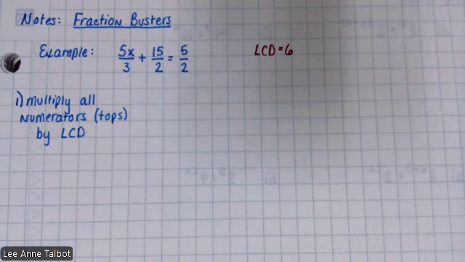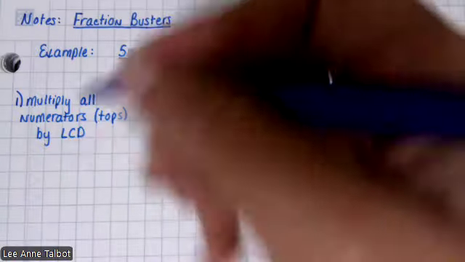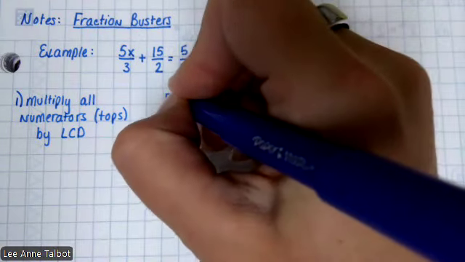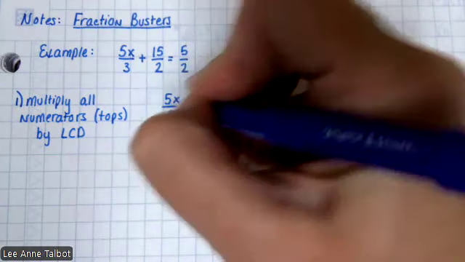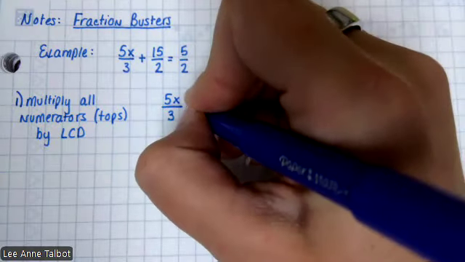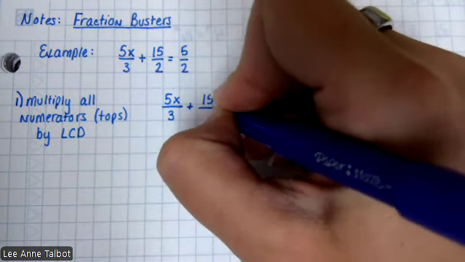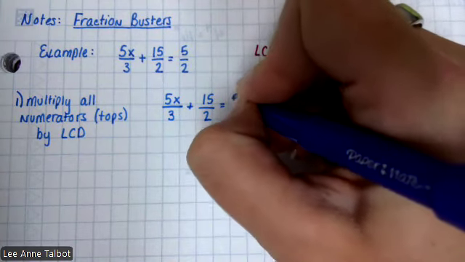Okay. First, think of the least common denominator and then multiply all of the numerators, the tops, by the least common denominator. I'm going to write the problem over so that because it's notes, I want to see exactly what happens to each thing.